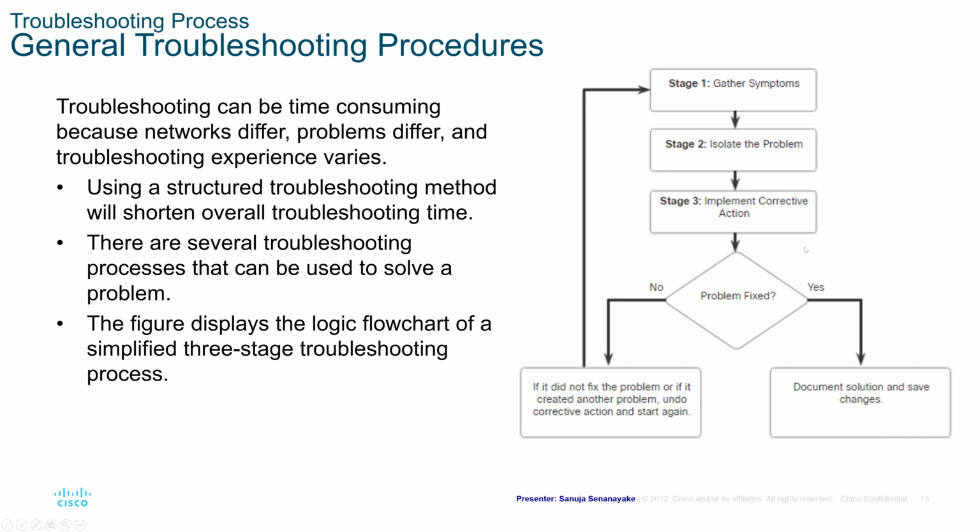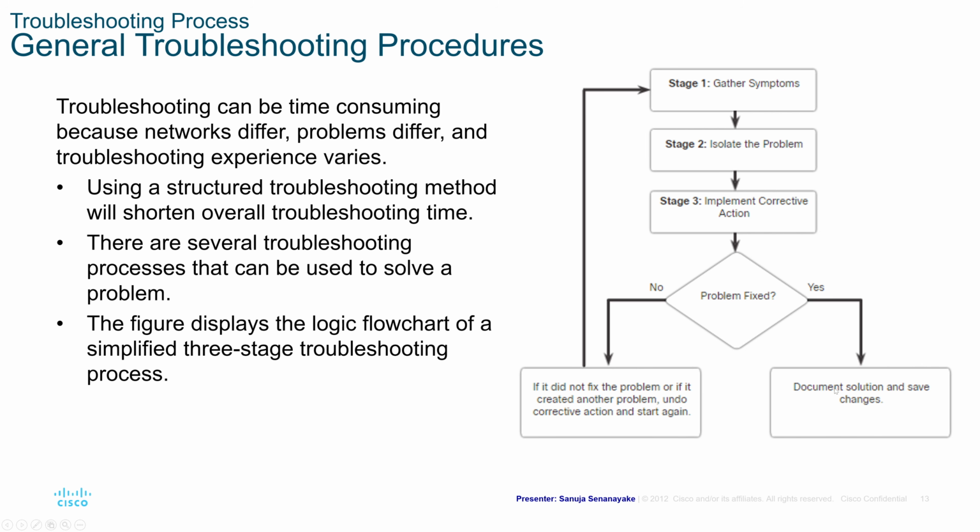If that corrective action fixes the problem, then you have to make sure you document the solution and save changes. One of the things that I see sometimes is that network engineers and technicians will fix the problem, but they would never document that.